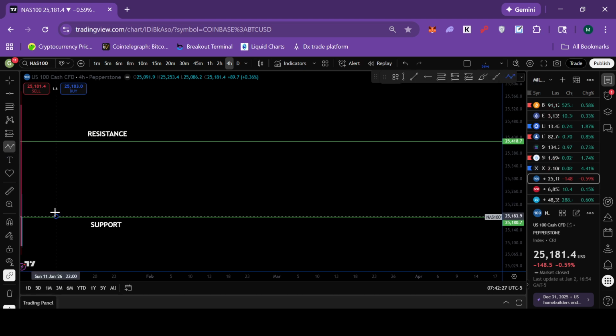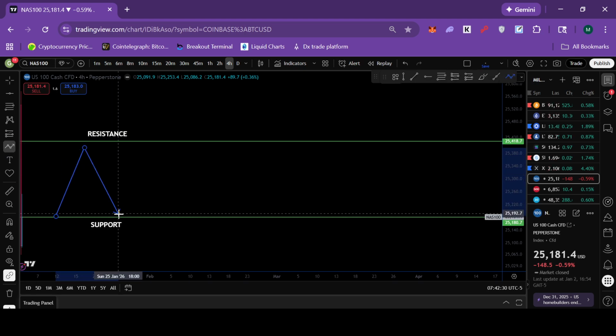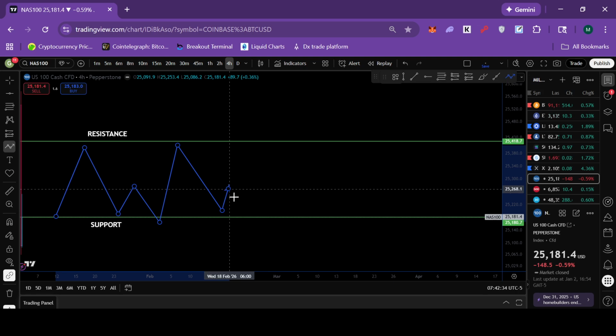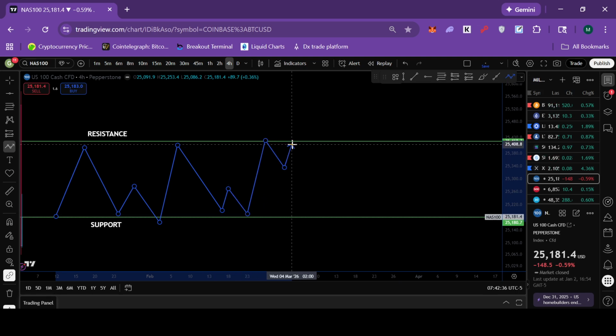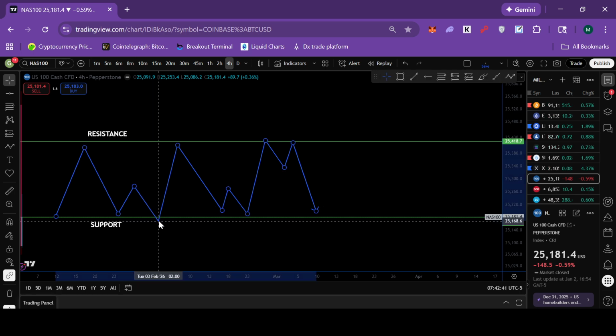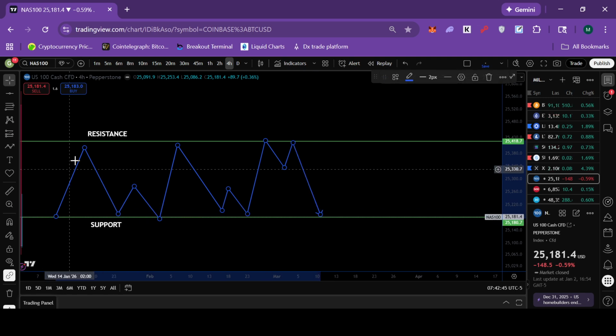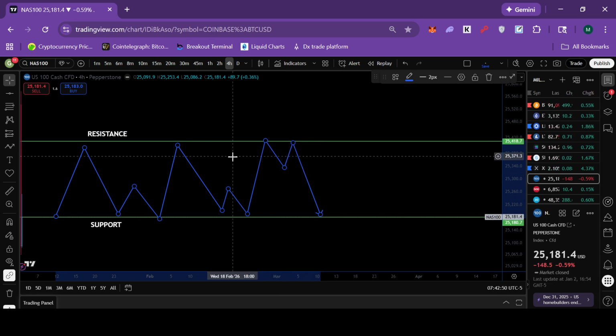The market can be stuck in a channel where it's not breaking through an area, right? So when it's stuck in an area where it's not really trending at all, where it's not in an uptrend, it's not in a downtrend, that is called consolidation. And typically, we don't trade in consolidation, right?